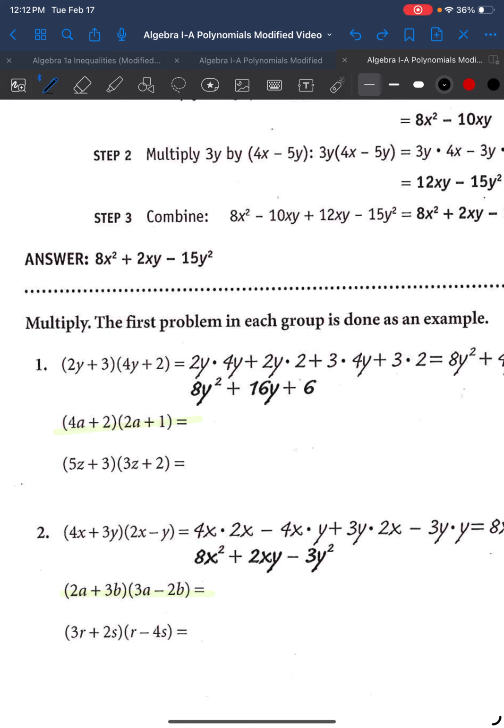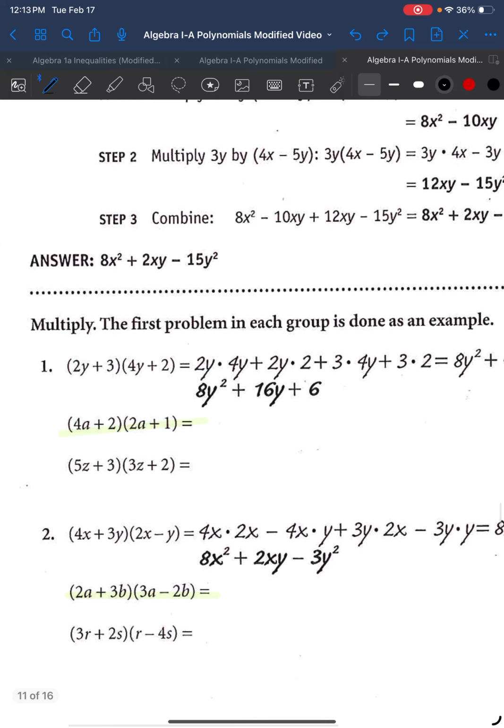Okay, so when you are multiplying two binomials, two things that have two terms, basically you just have to make sure you are multiplying everything in the first polynomial by everything in the second one. So what that means is I have to multiply 4a times 2a and 4a times 1.